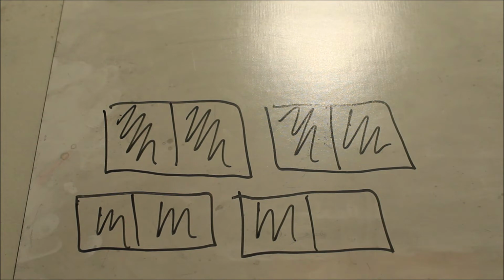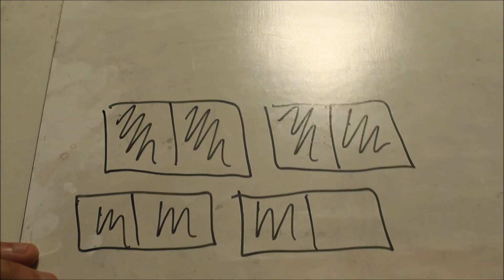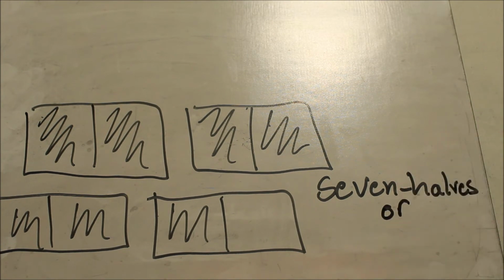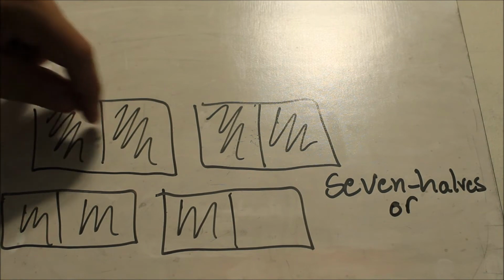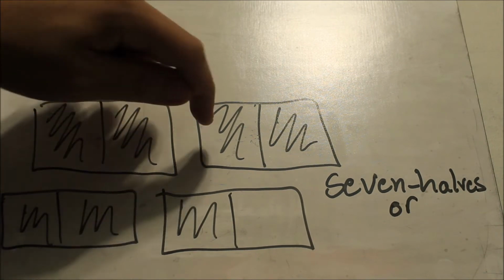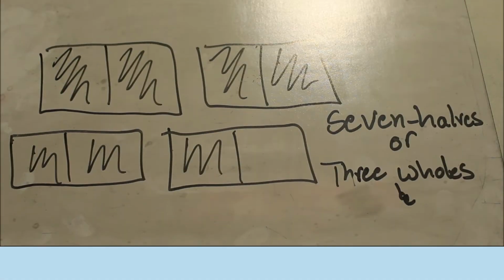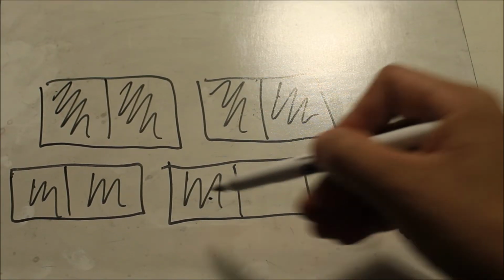Now, I only shaded in 7, so then I could write 7 halves. Or, how many wholes are filled in? This is a whole that is shaded in. This is a whole that is shaded in. This is a whole. So I have 3 wholes and 1 half shaded.